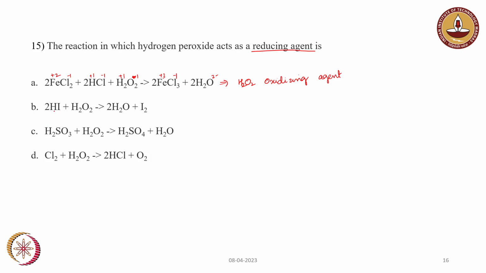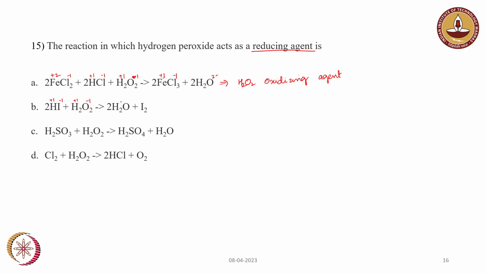And in 2HI plus H2O2 giving H2O plus I2. Here H is in +1, I is in -1, H is in +1. So O2 2 minus, so oxygen is in -1 state.